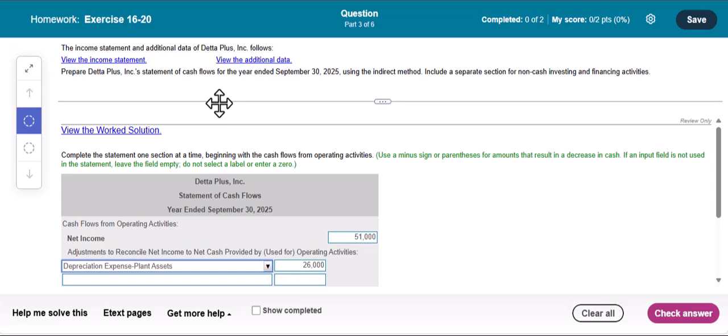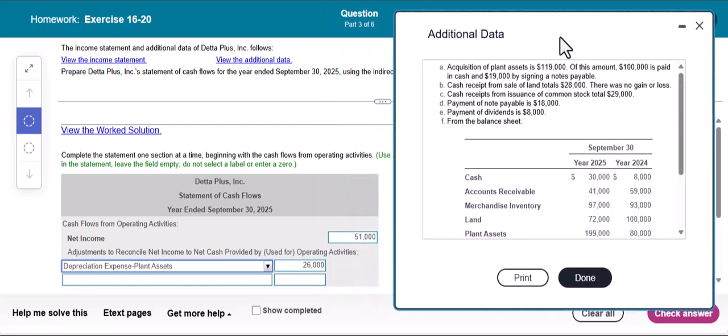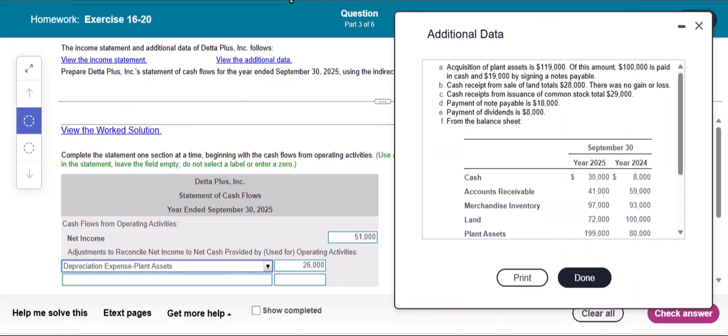We're going to close out of the income statement and open up our annual data. According to our cheat sheet, we're going to check on AR. It looks like AR started in 2024 at $59,000 and lowered to $41,000 in 2025.